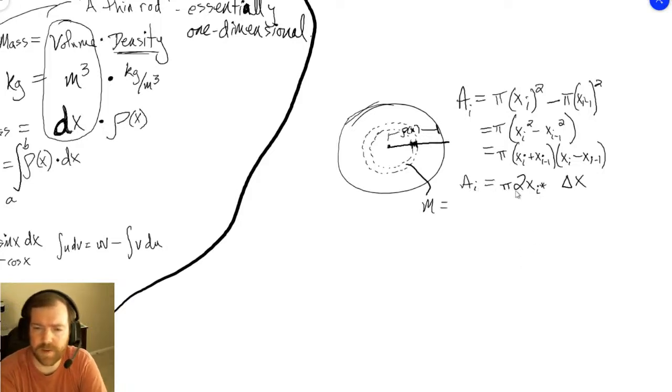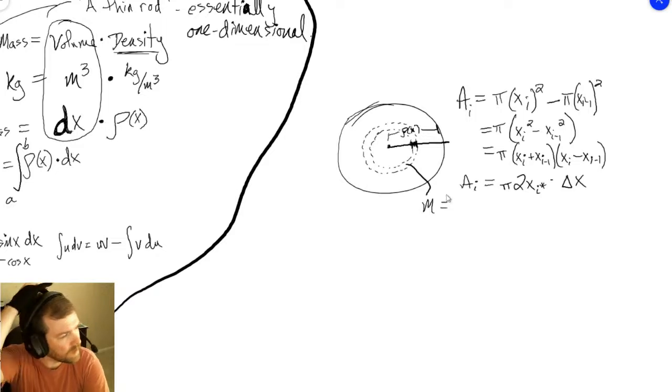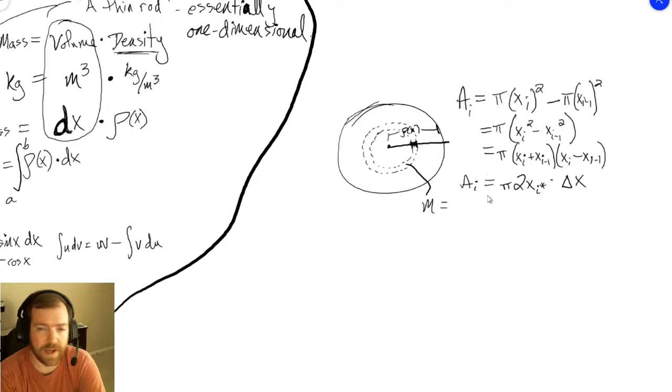So a sub i is going to be equal to pi times 2 x sub i star times delta x. And then from here the mass is just going to be that area that we just found multiplied by the density at that particular point, which again we're using x sub i star for.